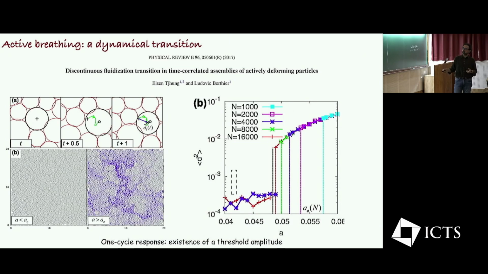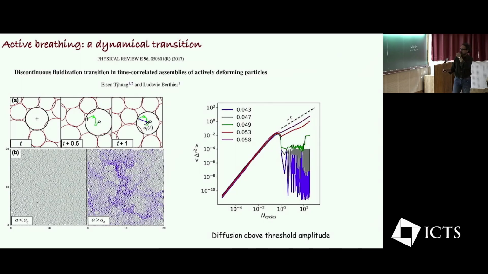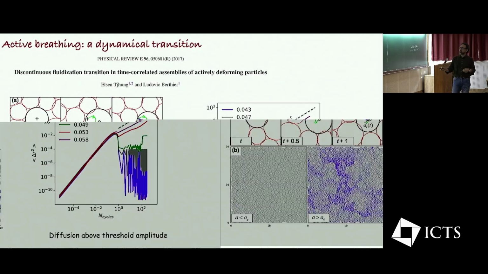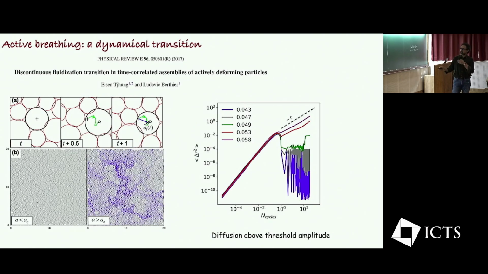You see that below a certain threshold there is not much square displacement happening, and then it goes into large displacements when it crosses a threshold. This is also seen in the data for mean square displacement, where below a certain threshold the system remains arrested, and if you cross this threshold, the system goes into flow.